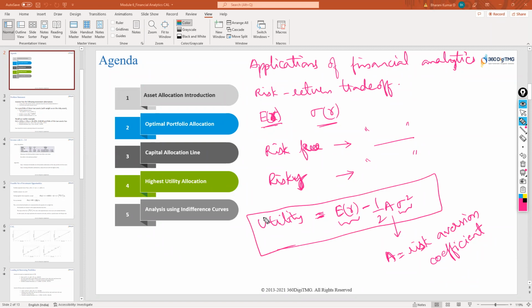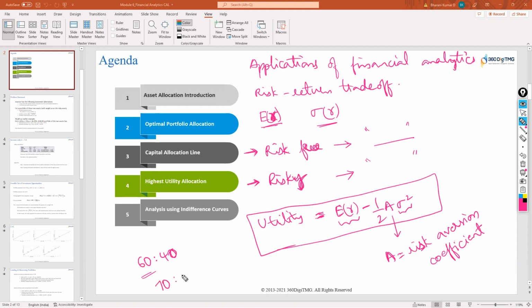But then we also understood what if someone does not want to invest completely in risk-free or completely in risky? Instead, they want to invest in some proportion. Maybe some percentage in risk-free and some percentage in risky. Like say 60-40: 60% in risk-free and 40% in risky.